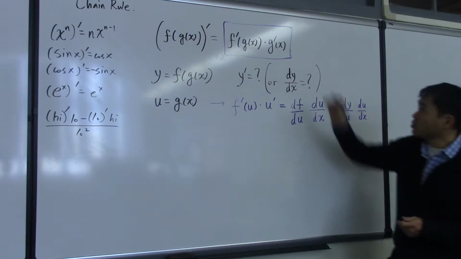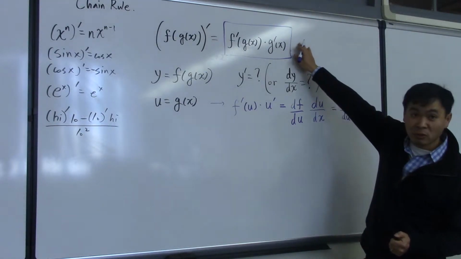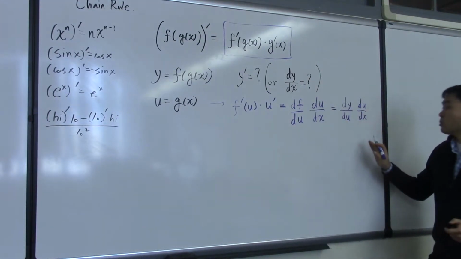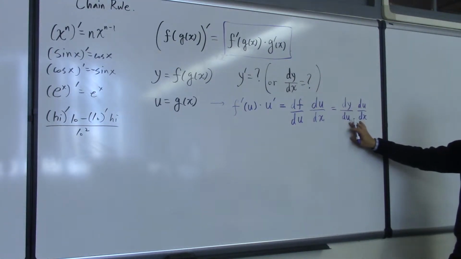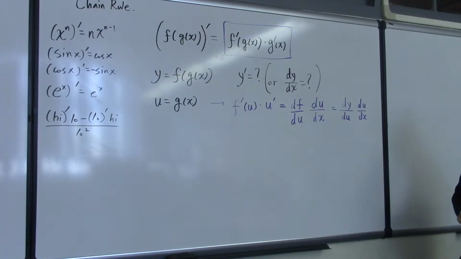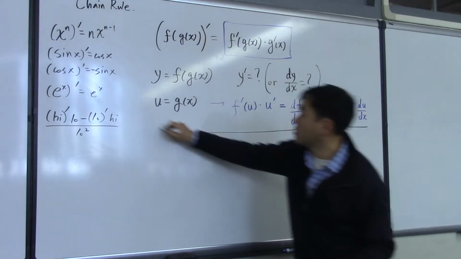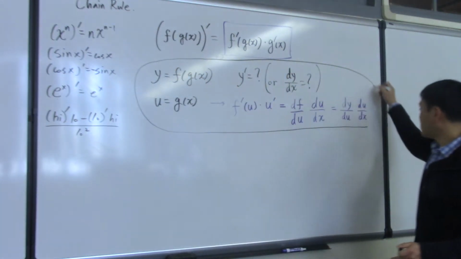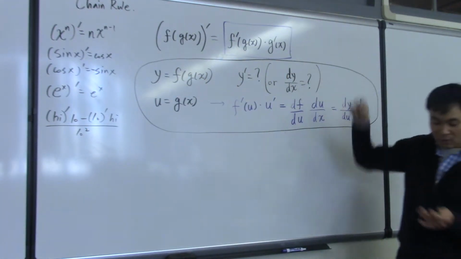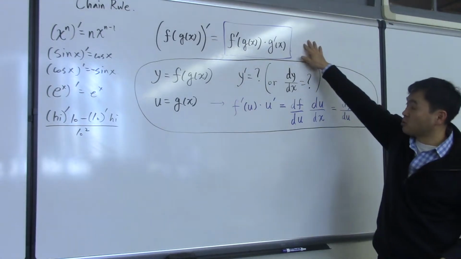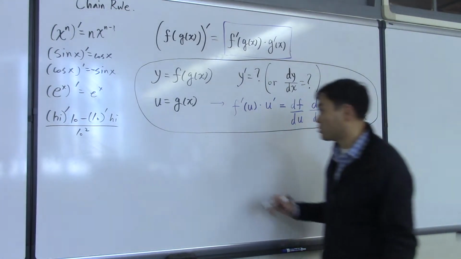So if you write it in Newtonian notation, this is what the chain rule looks like. If you write it in Leibniz notation, this is what the chain rule looks like. So let me just circle this to give the argument to go from the Newtonian notation to Leibniz notation.